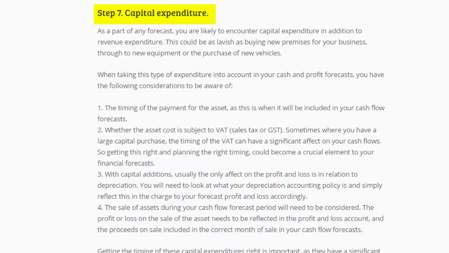So it's important to make sure you get the timing for the payment of the asset correct in your cash flows, to make sure that you know whether it's VAT-able or not, or sales tax or GST. And this is very important when you're talking about a large capital purchase. So the timing of the VAT.